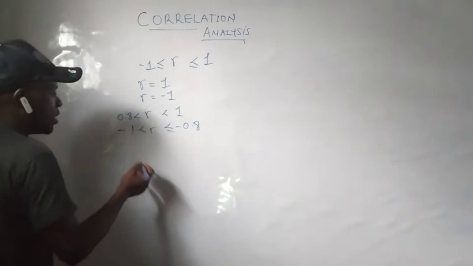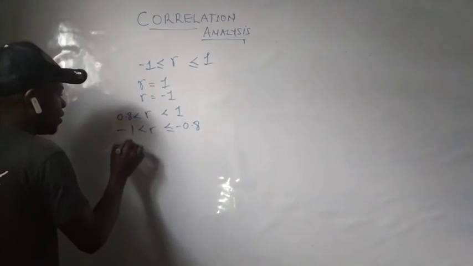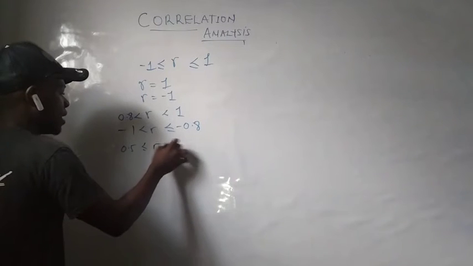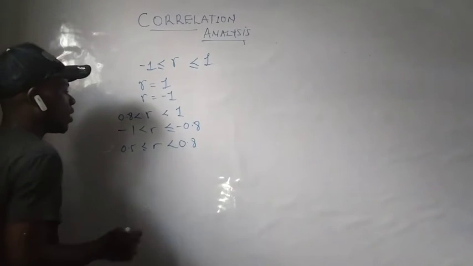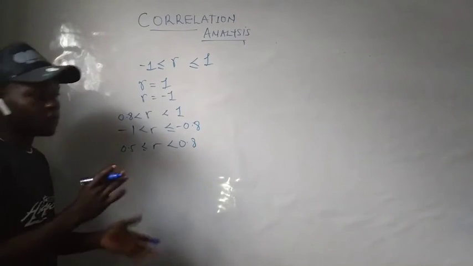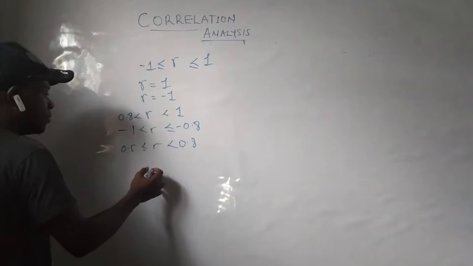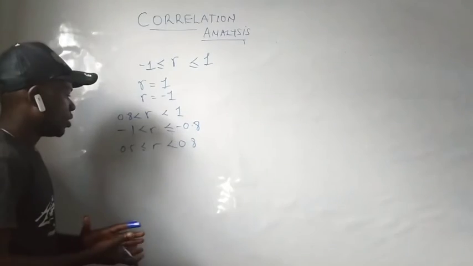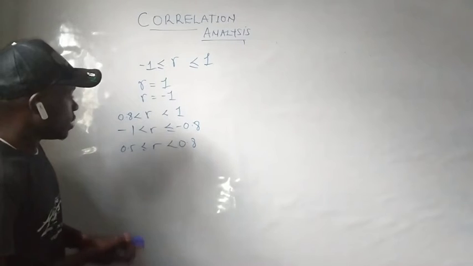But when it is around 0.5, less than or equal to r, less than 0.8, they call it moderately positive. The negative counterpart is called moderately negative.